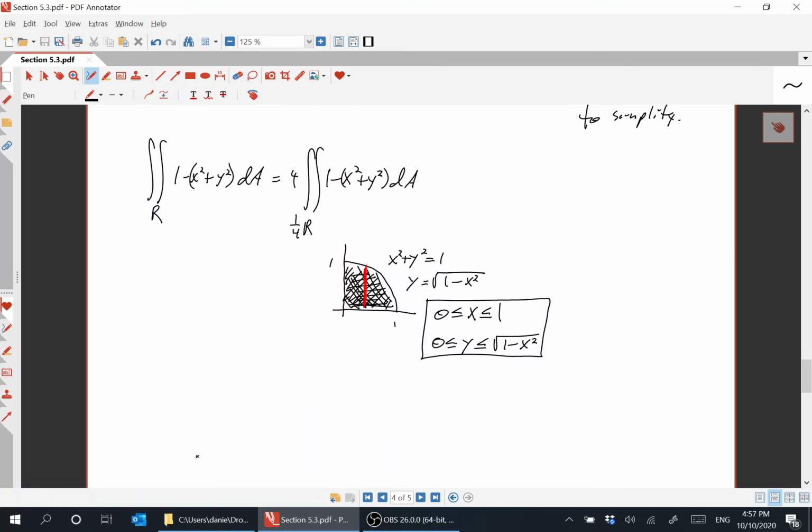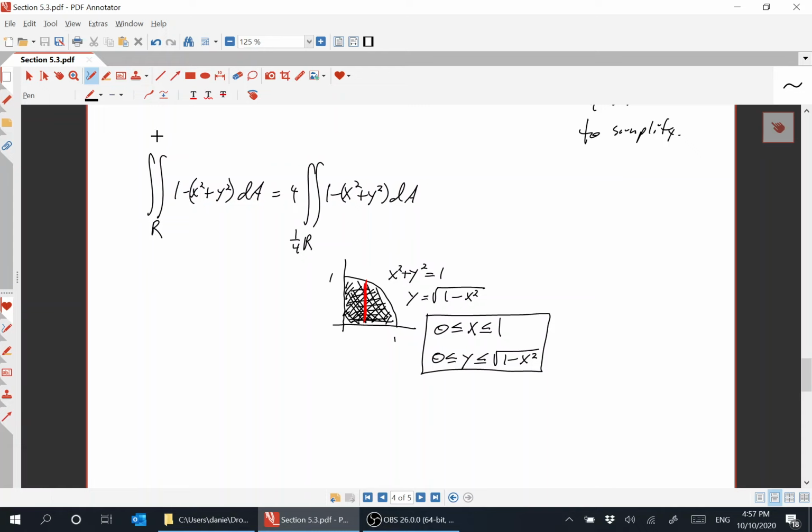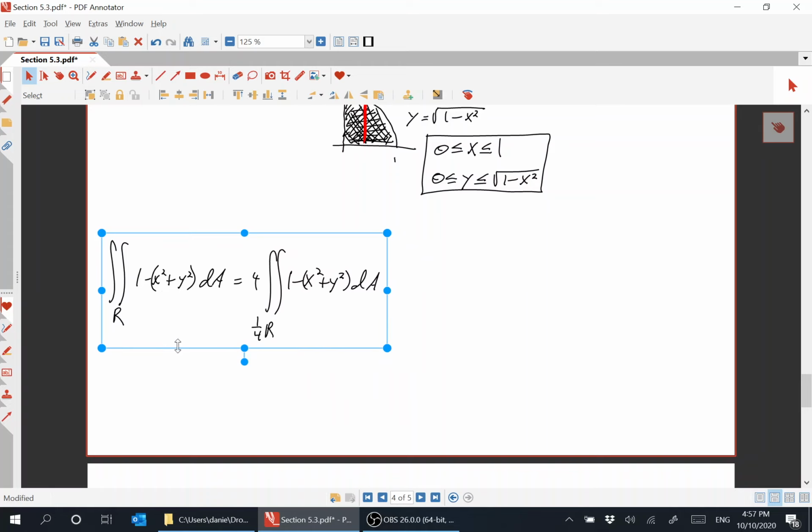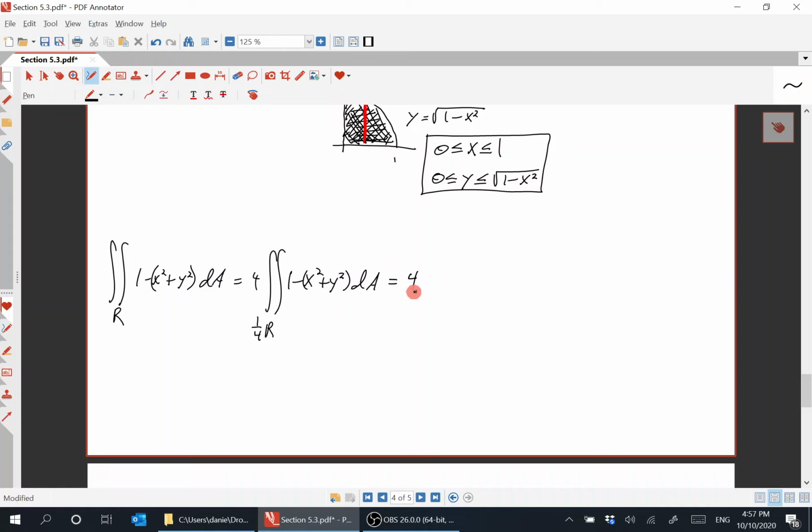Right? So this is equal to 4 times the iterated integral. So y goes from 0 to square root 1 minus x squared, and then x goes from 0 to 1, 1 minus x squared minus y squared dy dx.